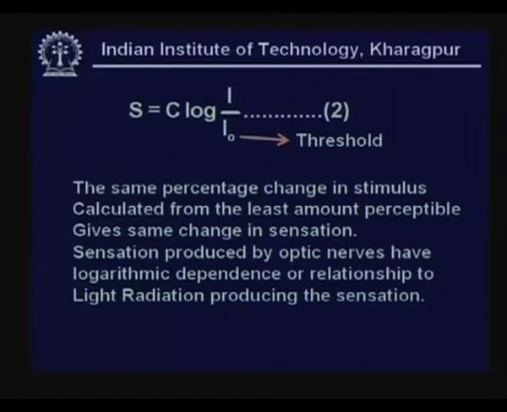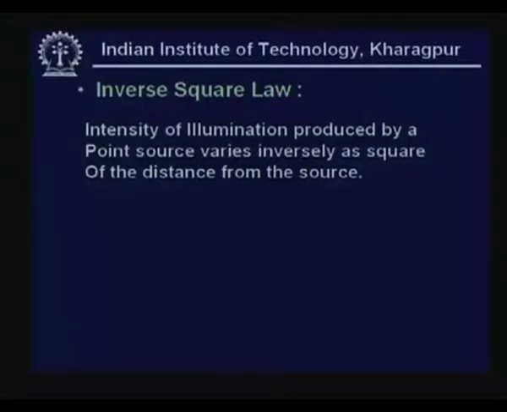The next thing, as I said, is the inverse square law, just as in any other physical system. In fact, it is very apparent even from the very definition of illuminance. We said the illuminance at any point due to a point source turned out to be the ratio of luminous intensity to the square of the distance between the point and the source.